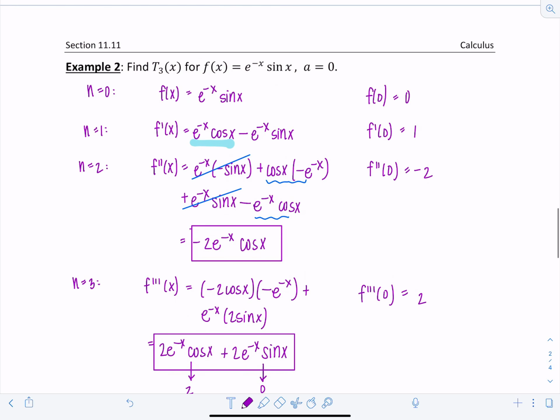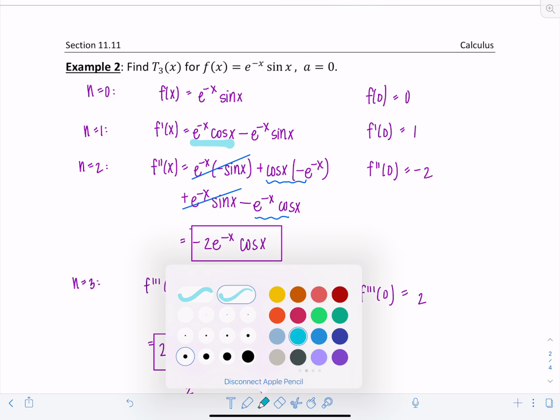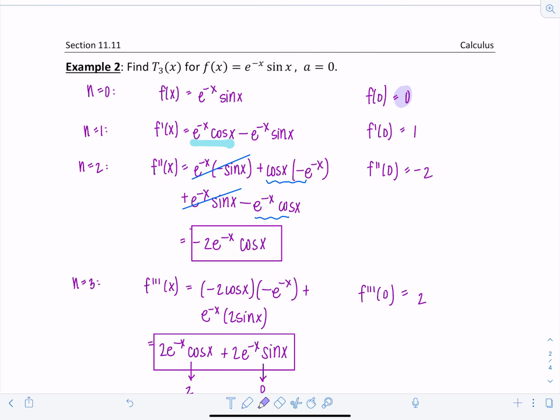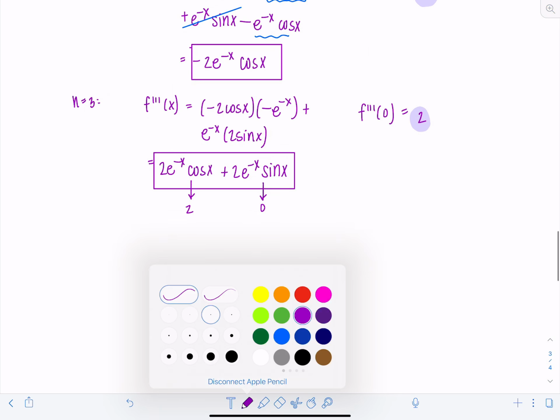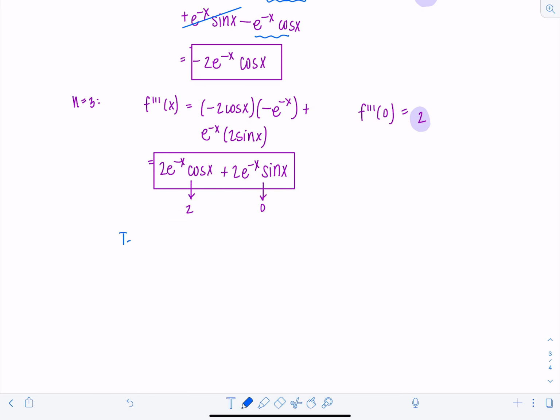Okay, so let's collect all our coefficients. We've got 0, 1, negative 2, 2. Okay, so listing out T sub 3 of x. Well, the first term's just going to be 0, so I'm not even going to deal with writing it. And then the next one, coefficient is 1.